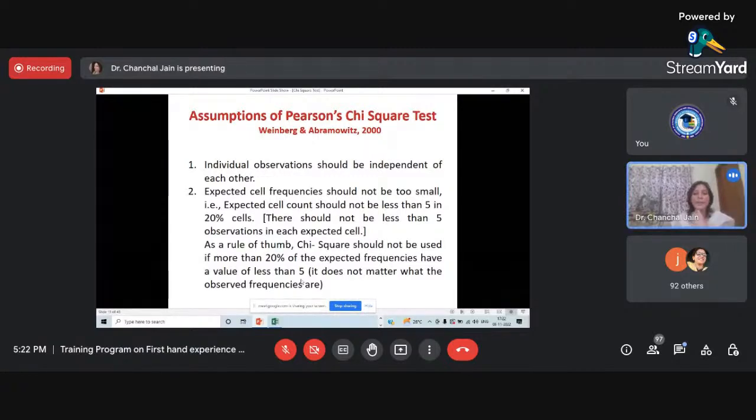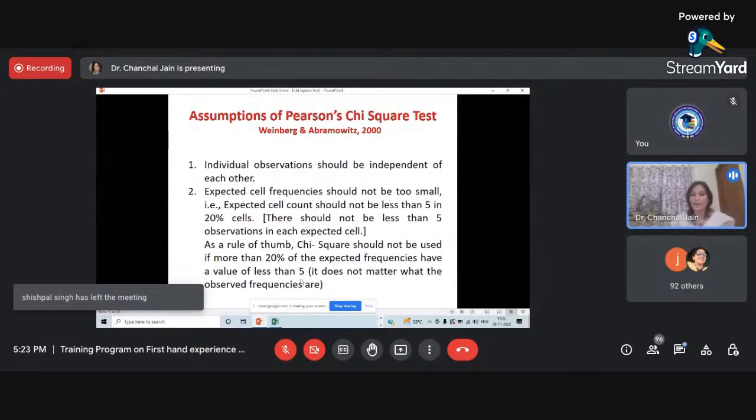Very good. So at most in one cell can the expected count be less than 5, and we will be fine with it. If in more than one cell the expected count is less than 5, that is a violation of the assumption of Pearson's chi-square test. In that case, we will not go for the chi-square test. I think now I am making sense. Is it clear now?